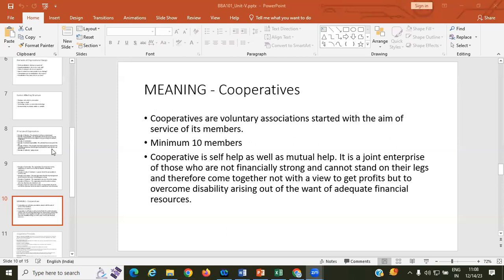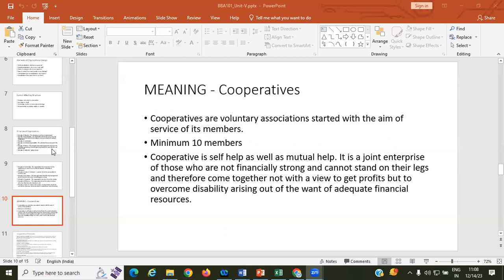Five, 10 members can join and create a society which will help each other, and they can pool money and afford whatever they want. That is the purpose of a cooperative society.